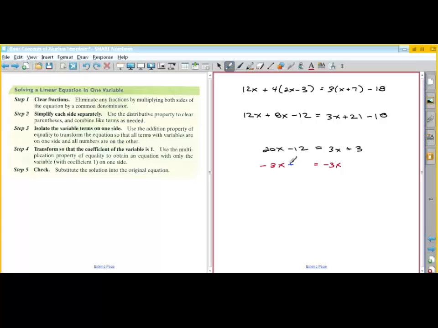Same with this term, I want to eliminate it from the equation, so I have to add the additive inverse. So the additive inverse of negative 12 is positive 12. And then I do the addition. So 20 minus 3 is 17, so I get 17x. This goes to 0, this goes to 0, and 12 plus 3 is 15.